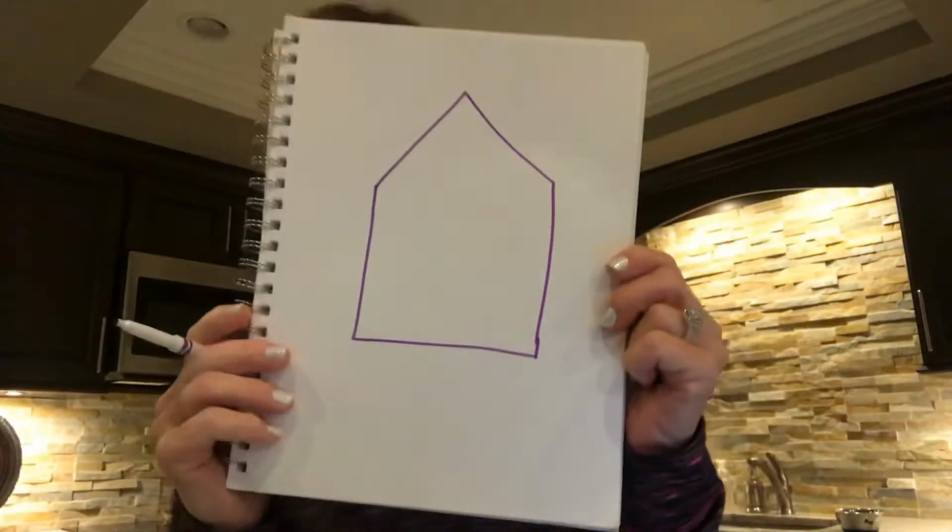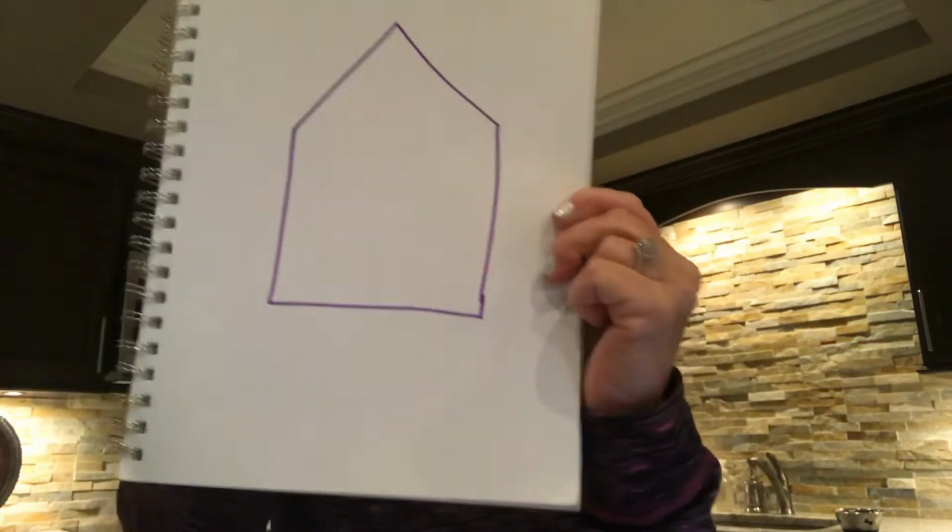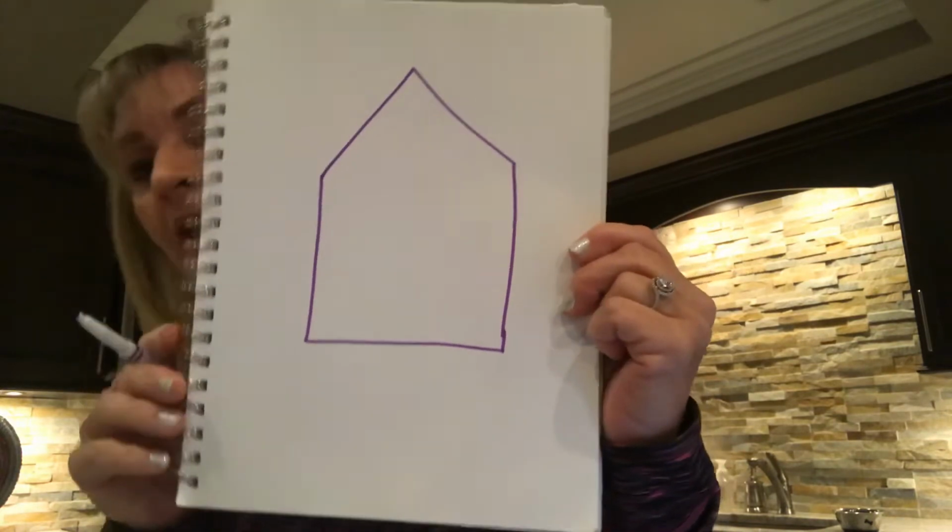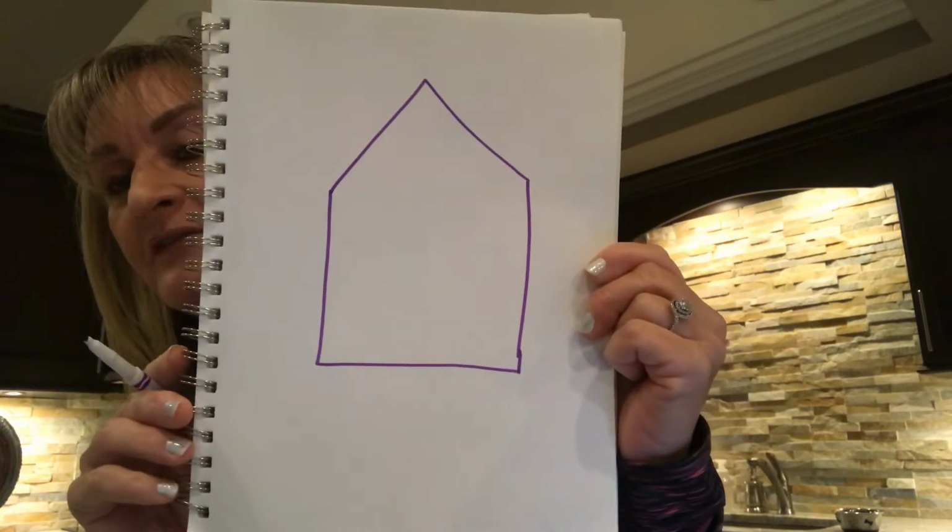Okay, I'm going to draw the house pentagon a little bit bigger so you can see it. Now, if you have a piece of paper, do the same. You can do it with me. So, you're going to draw your house. It has to have 5 sides, like a pentagon. Okay, pentagon, 5 sides.